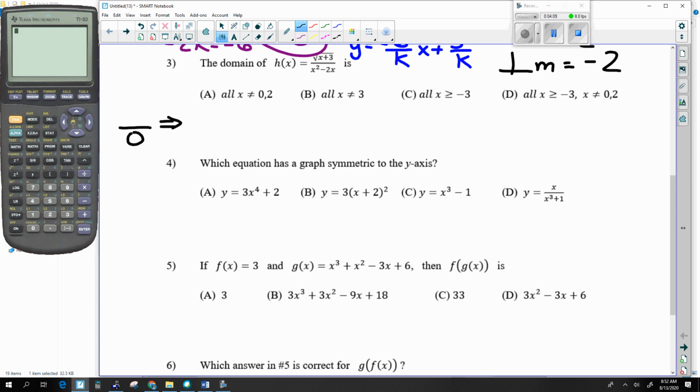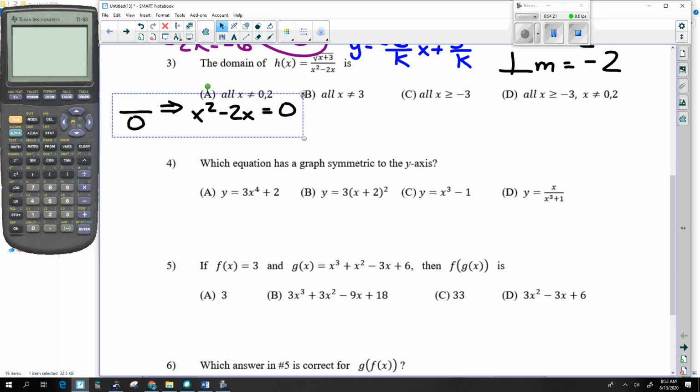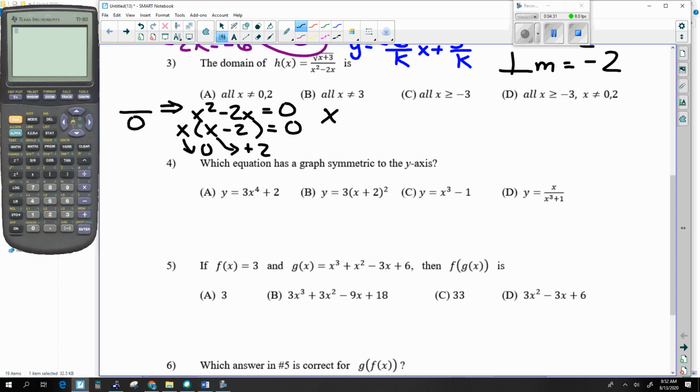So that implies that x squared minus 2x, anytime that that is equal to 0, that's not okay. So we're going to figure out those. I can GCF out an x. I see that that would be 0 and +2. So x cannot be equal to 0, nor can it be equal to +2.